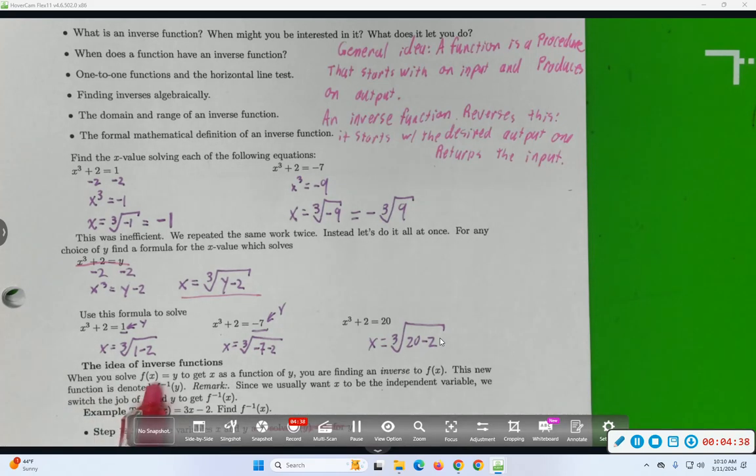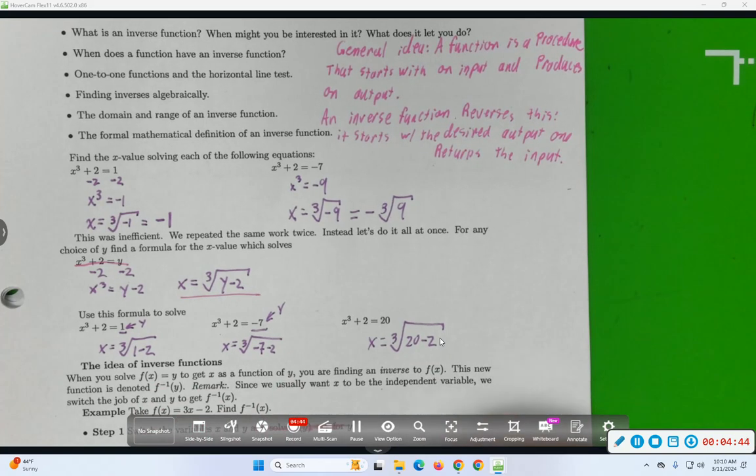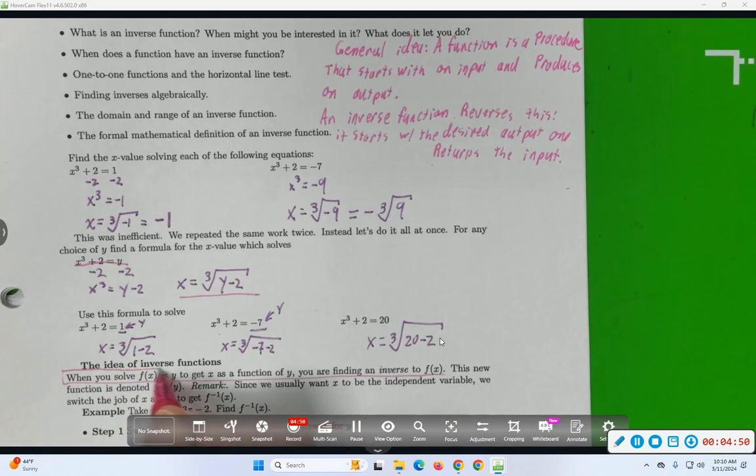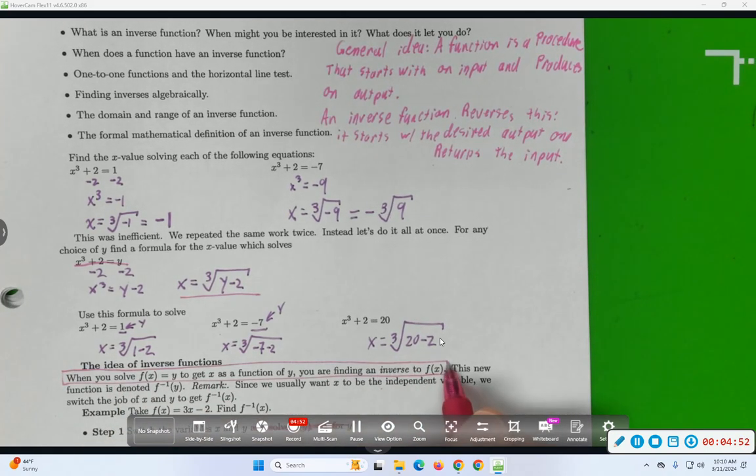Whenever you solve an equation that looks like f of x equals y, to get x as a function of y, what you're doing is finding an inverse function to f of x. This new function is often denoted f inverse of y with a little -1 in the superscript for inverse.